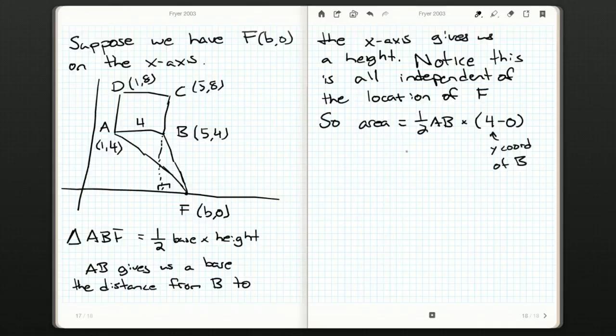So we can figure out the area of the triangle is going to be 1/2 length of AB times the difference between B and the x-axis. So that's going to be the difference in their y-coordinates. So that's 4 minus 0. The x-axis is always at y equals 0.